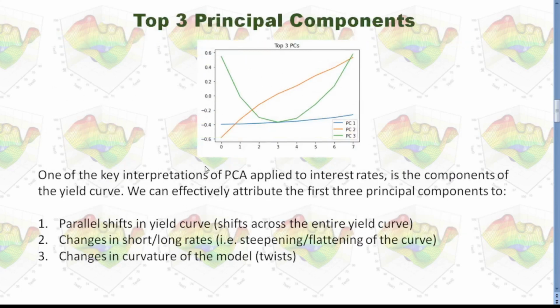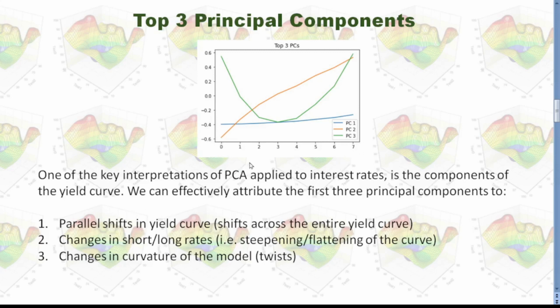This is our result of the top 3 principal components. As I mentioned before, for the swap rates, I have 8 different tenors. This is the shortest one, this is the longest one.